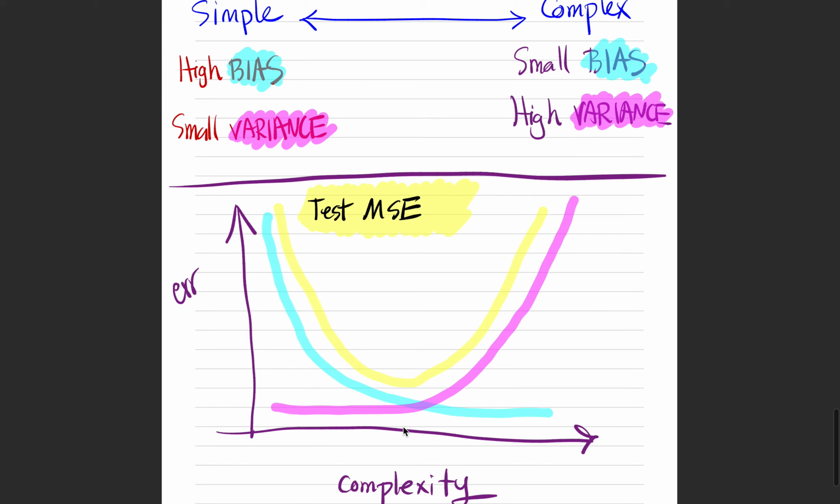As we increase the complexity, as the model changes from being rigid to being flexible, the bias reduces.